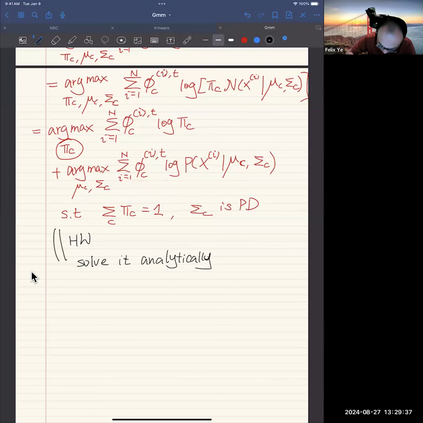So basically, if you want to solve this analytically, pi c at t plus 1 is nothing but the following: 1 over n of the summation from 1 to n of my posterior distributions.